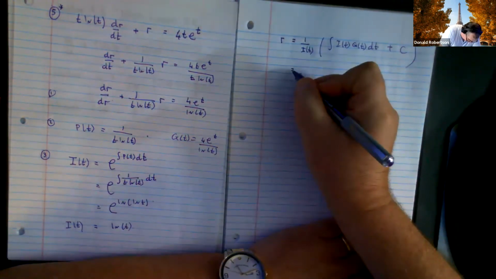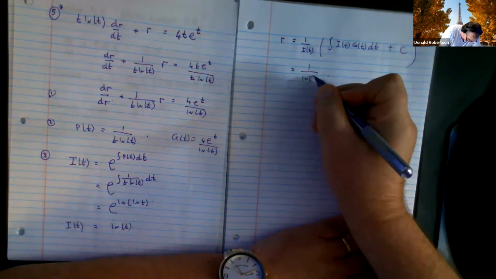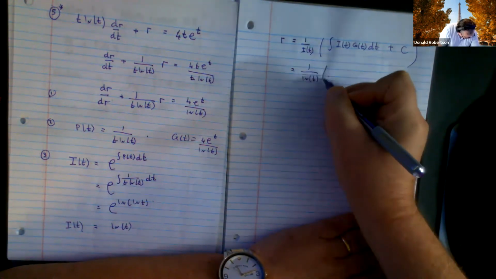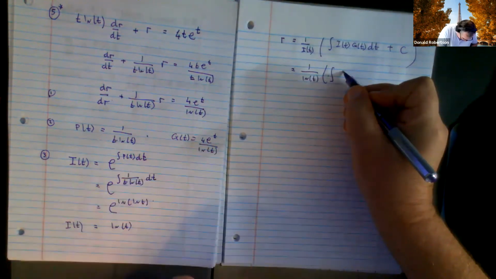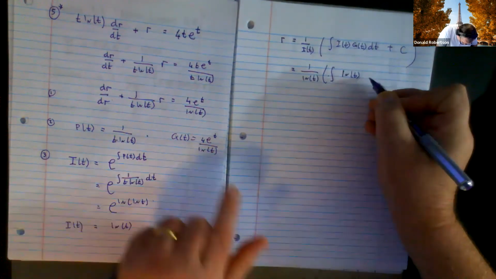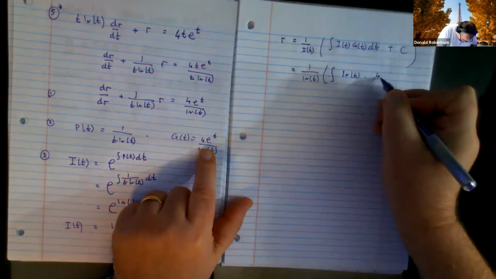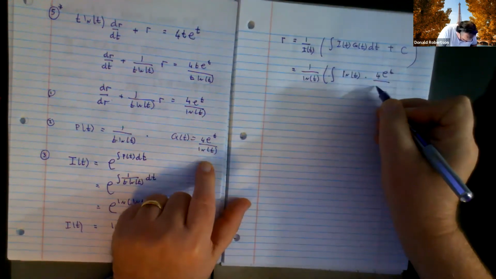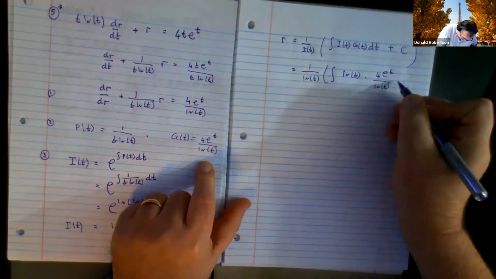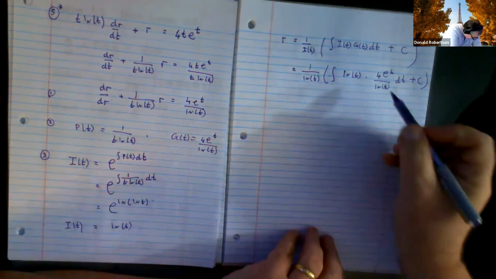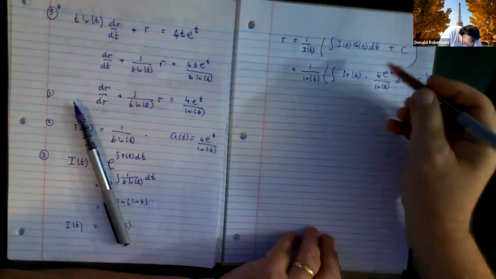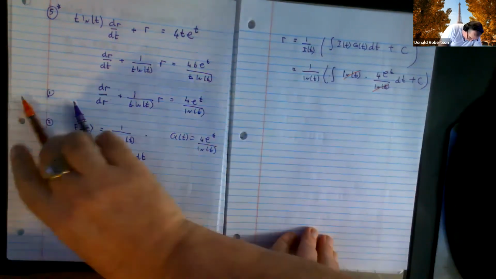It's going to be 1 over the natural log of t times the integral of the natural log of t times this fella. And finish with an odd and we got lucky. The logs cancel.